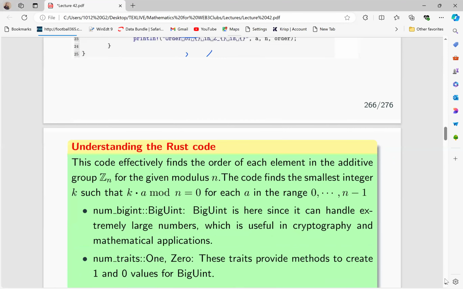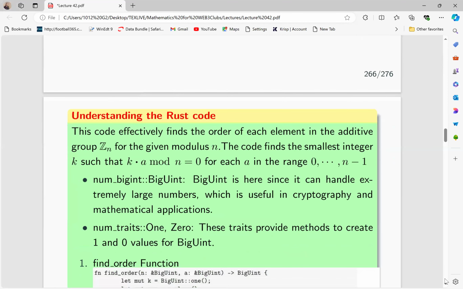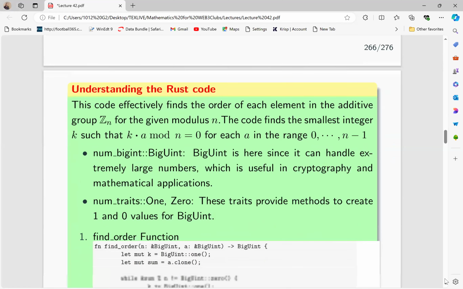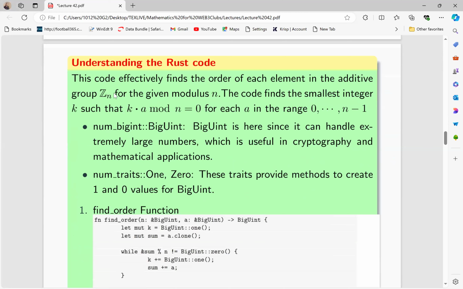Now, the explanation I've just given, it's here. You can look at it later. Of course, I've given the reason why we're using the library, big unit, and this other one.